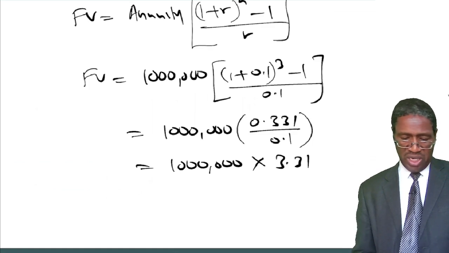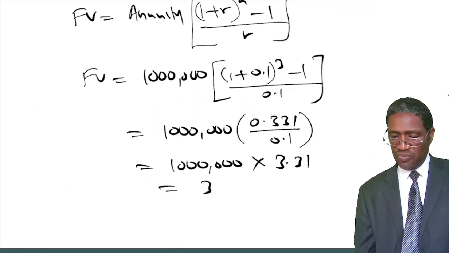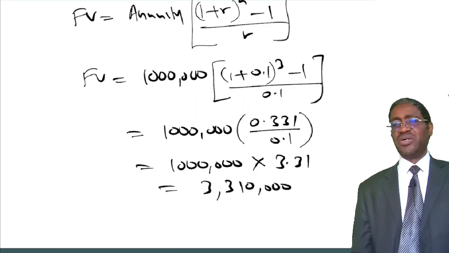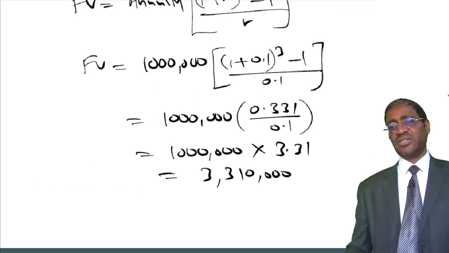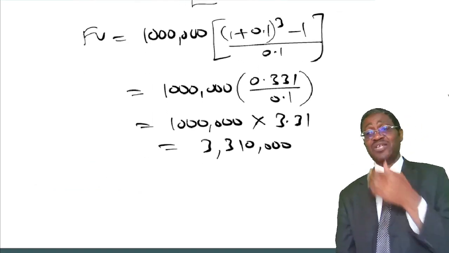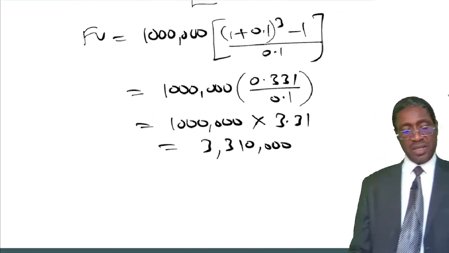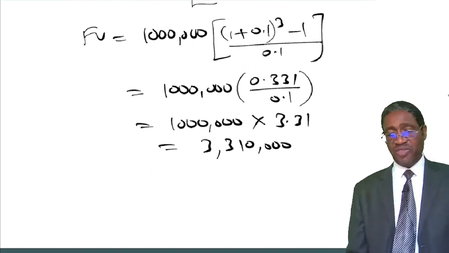This is 1 million times 3.31. I'm getting an amount of 3,310,000. Good. That is the future value of that annuity.